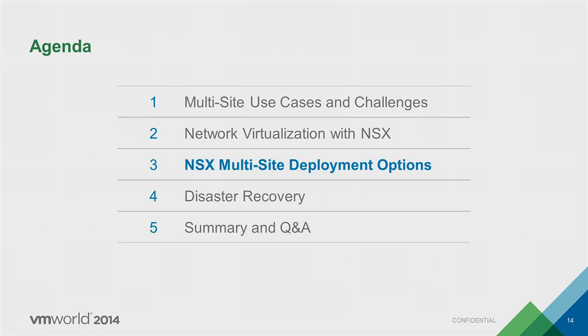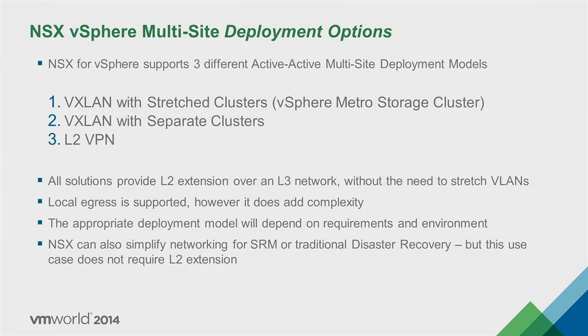All right, so with that background out of the way, we're going to jump into the core of our session here, which is really the NSX multi-site deployment options. To begin with, I'm going to describe the three NSX for vSphere active-active multi-site deployment models.